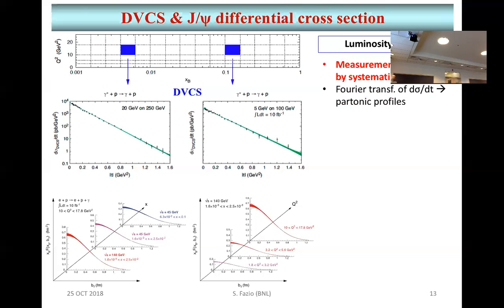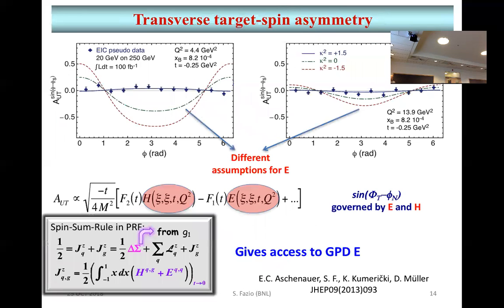If you Fourier transform these quantities, this cross-section, you already have the proton densities. These are average proton densities. I cannot say gluons or quarks, but it gives you the idea of the precision in the imaging that one can achieve at the EIC, evolving it in x and Q². So this will be a great job.